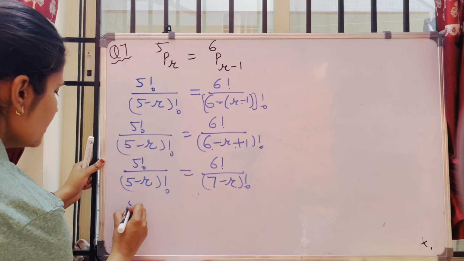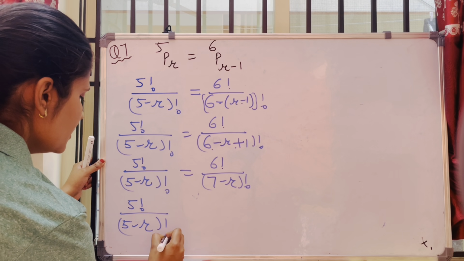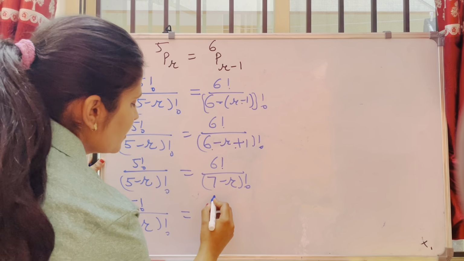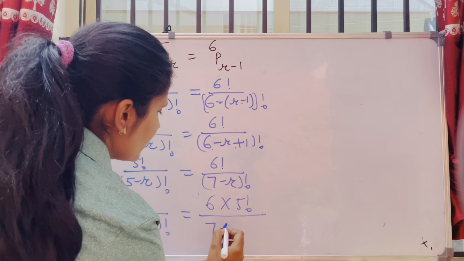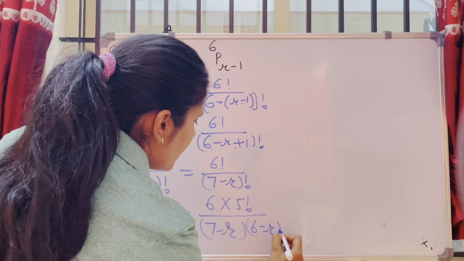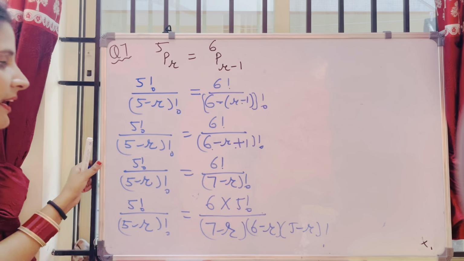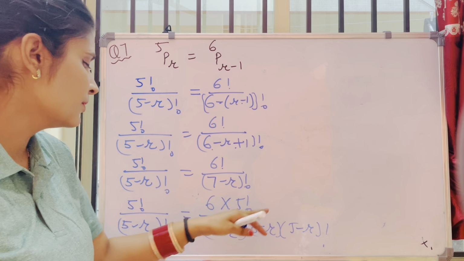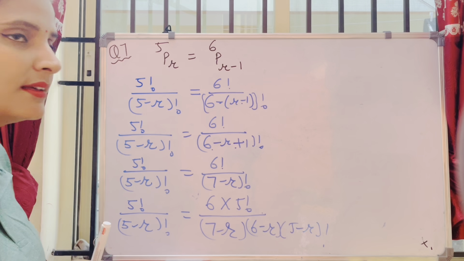Then we can write 6 factorial as 6 into 5 factorial, and (7 minus r) factorial as (7 minus r)(6 minus r)(5 minus r) factorial.